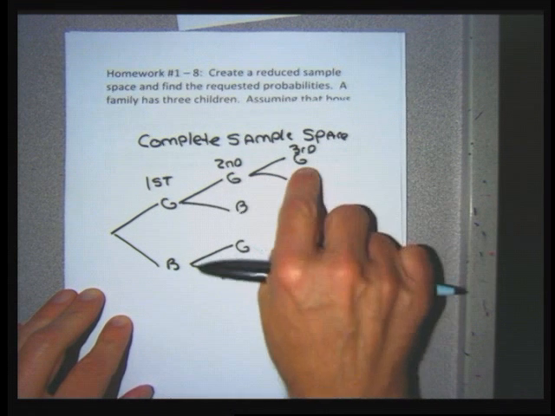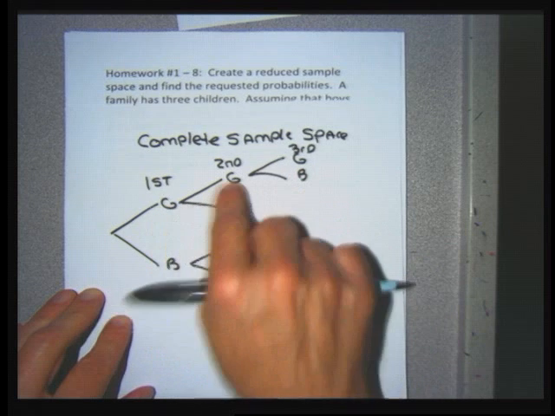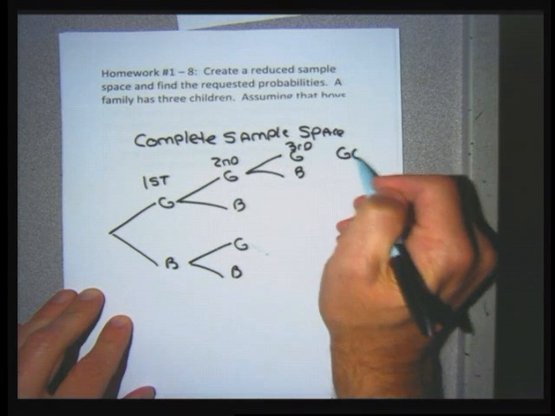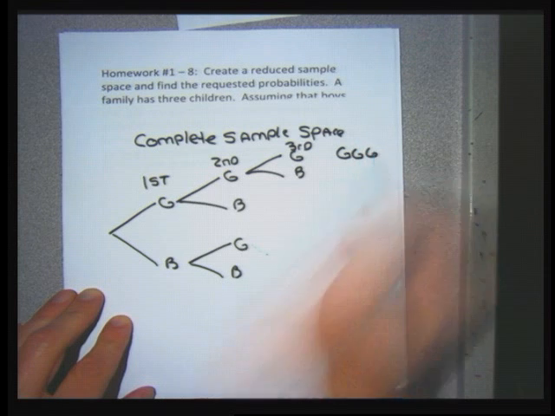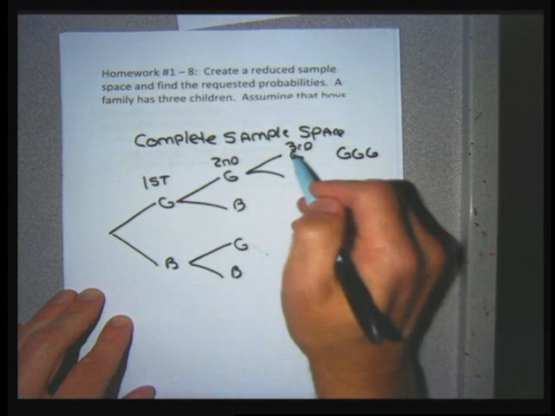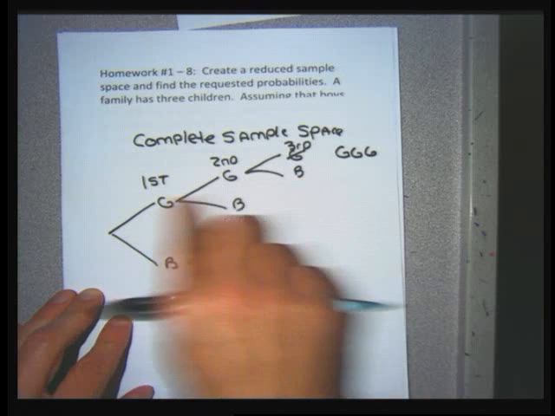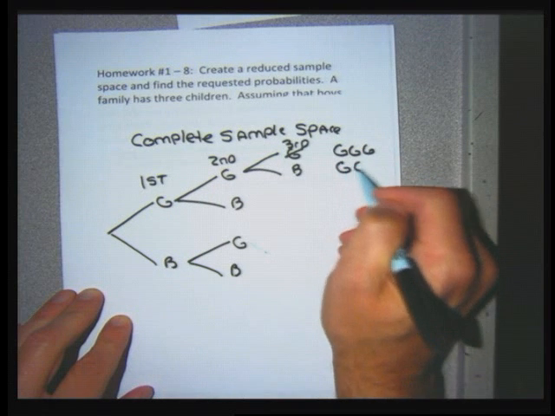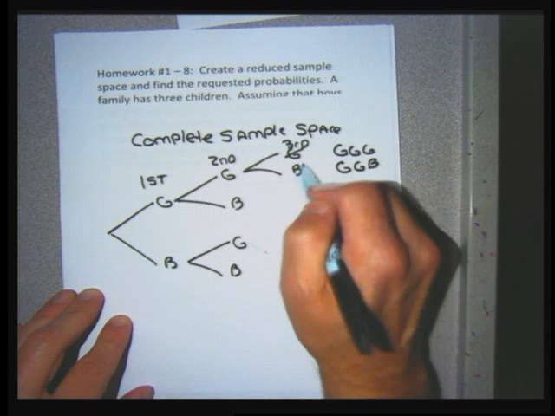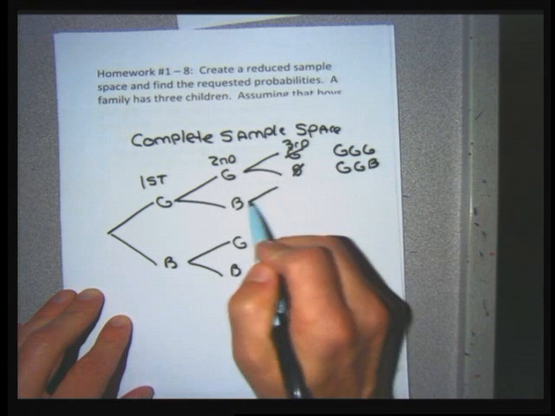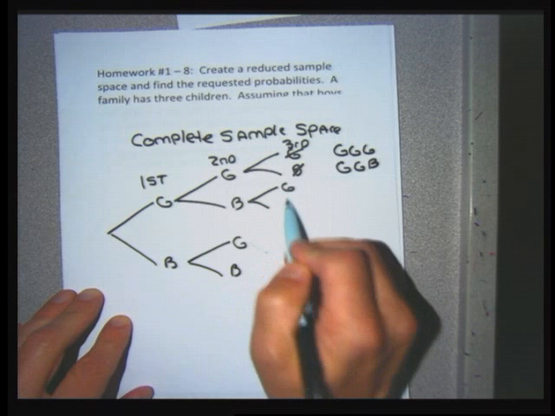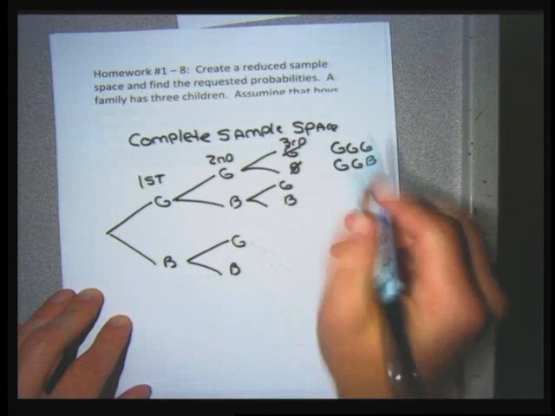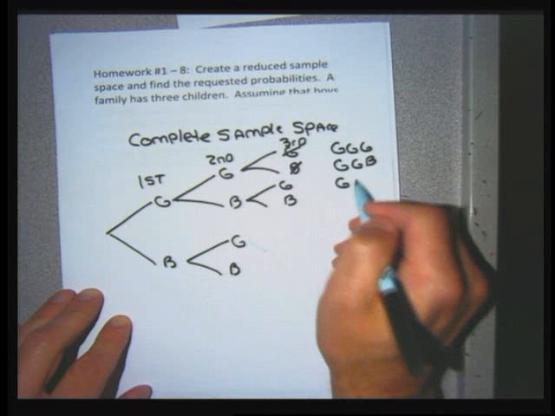To get this one, it's girl first, girl second, girl third. So one item in my complete sample space is 3 girls. Done with that. To get to that, it's girl first, girl second, boy third. Now I'm going to extend this one to have a girl and a boy. To get to this, it's girl first, boy second, girl third.